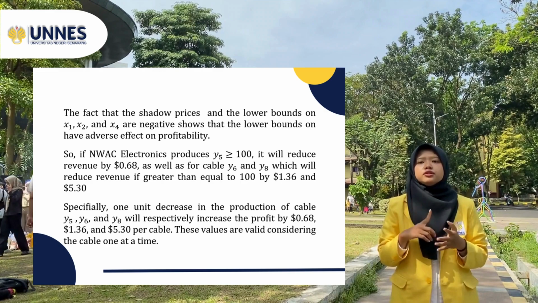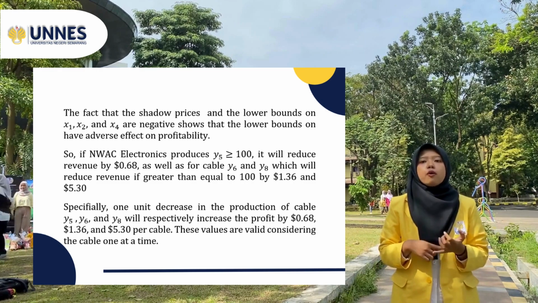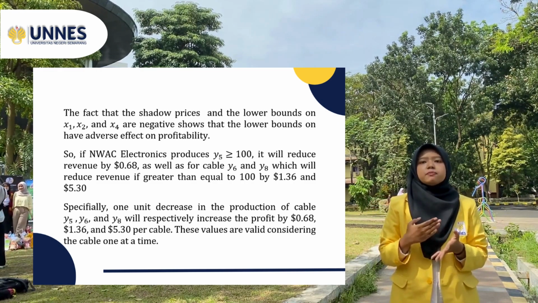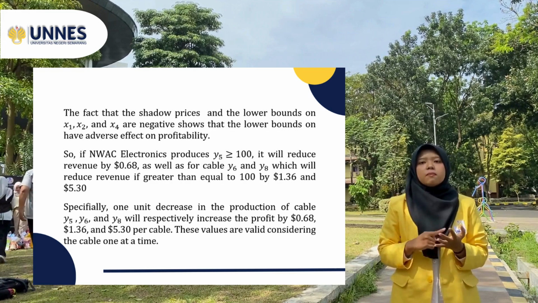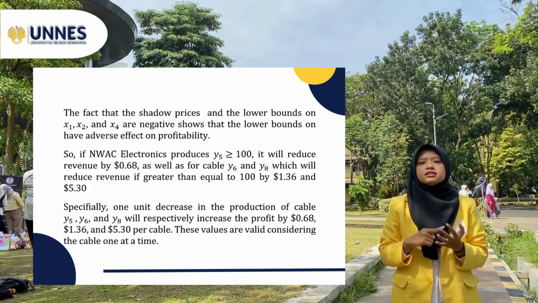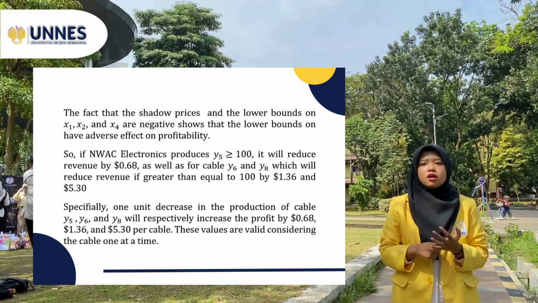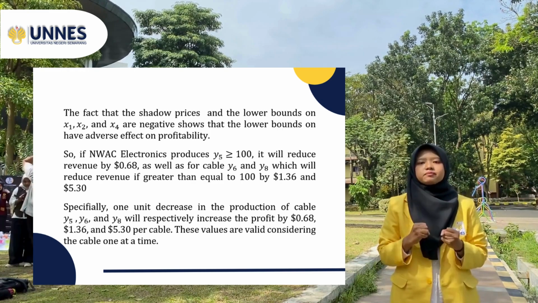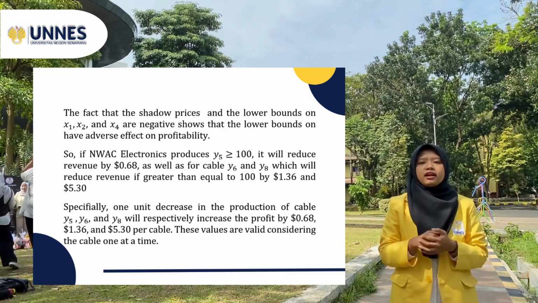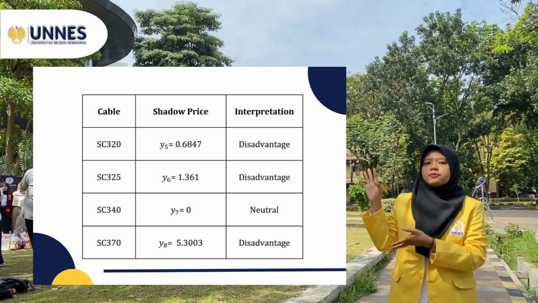Specifically, a one unit decrease in the production of cables Y5, Y6, and Y8 will respectively increase the profit by $0.68, $1.36, and $5.30 per cable. These values are valid considering the cables one at a time. This is the table of cable shadow prices and interpretation.